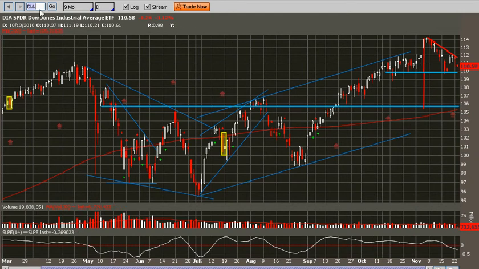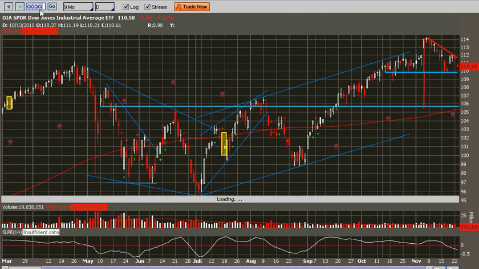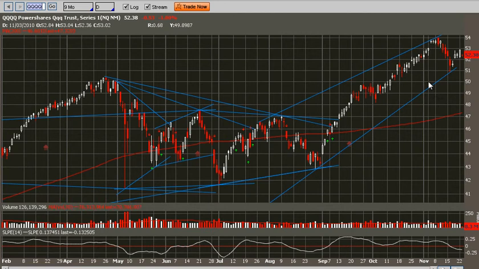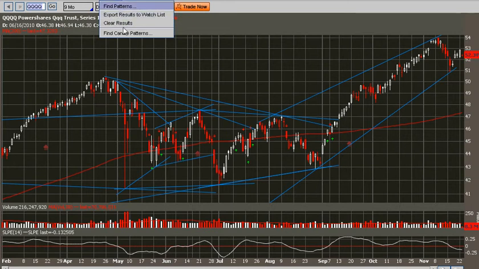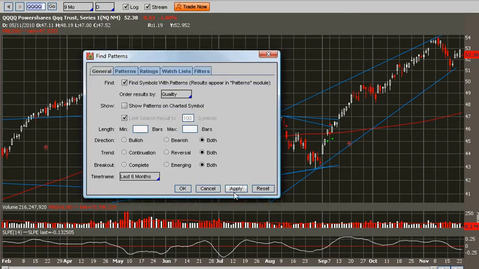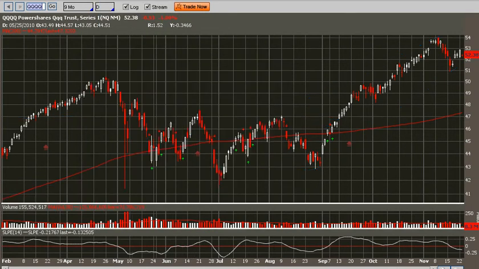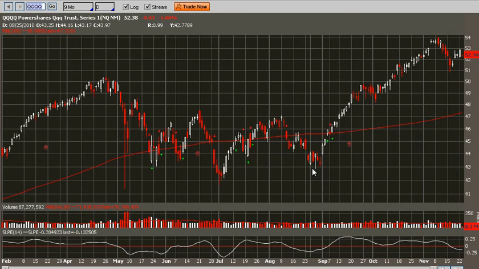Next one, PowerShares QQQ. Here we see, and Thinkorswim is detecting the pattern for me, they say it's a channel up. I don't believe that. I actually believe that, here, I'm going to get rid of that. Start down here.